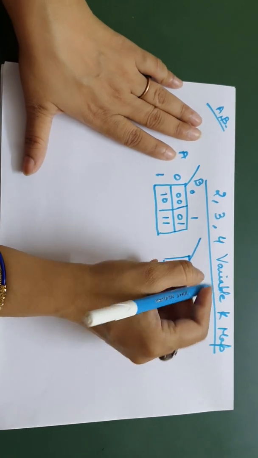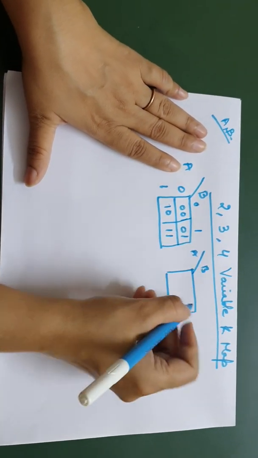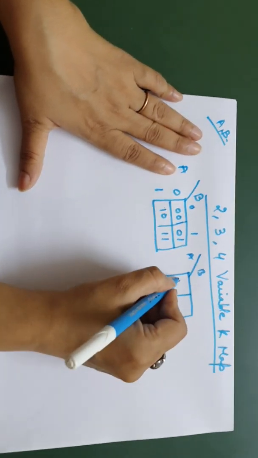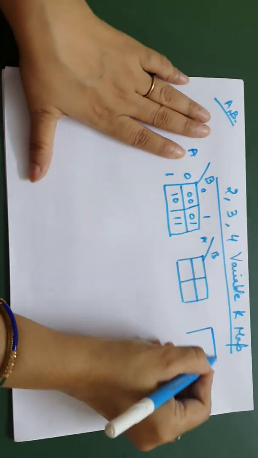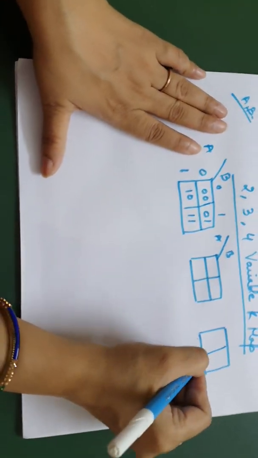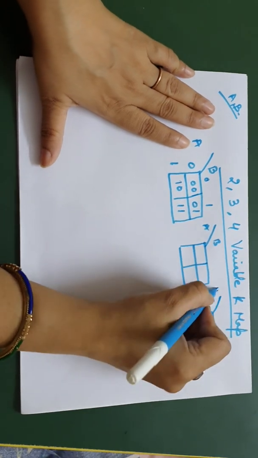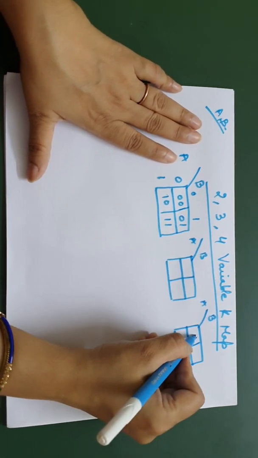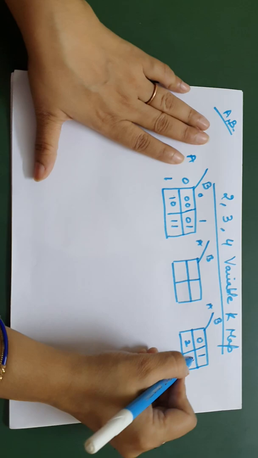The other way you can write it is this third way: A, B, where we write 0, 1, 2, 3.